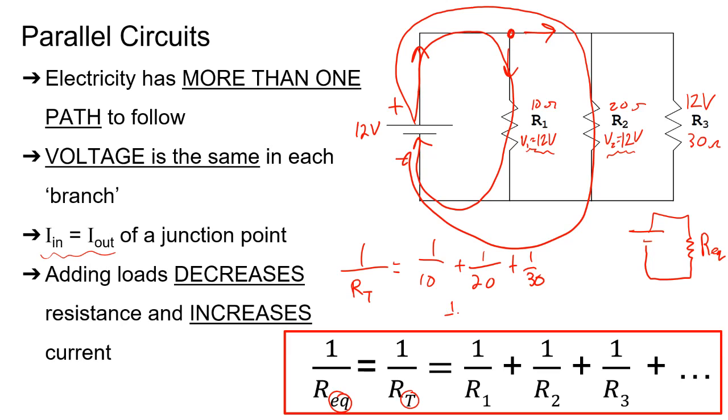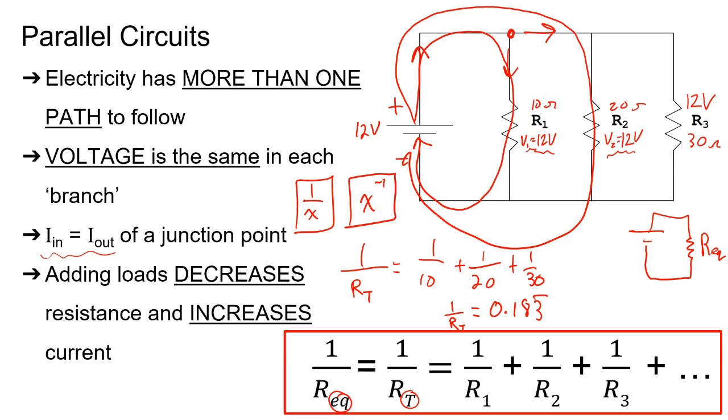Okay, and now the tricky part with your calculator is to find a really handy button, the 1 over x button, or on your calculator you might have an x to the -1 button. So on my calculator I'm pushing 10, 1 over x, plus 20, 1 over x, plus 30, 1 over x, and I get 1 over RT is 0.183 repeated.